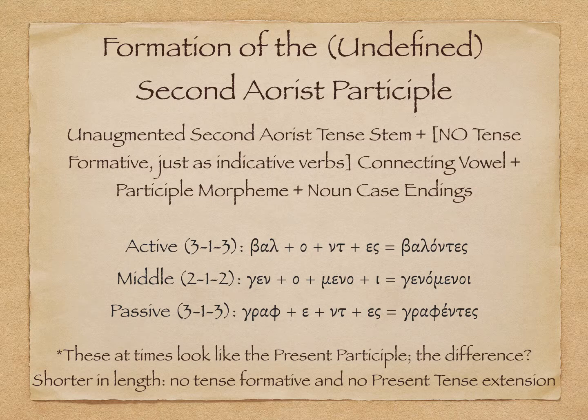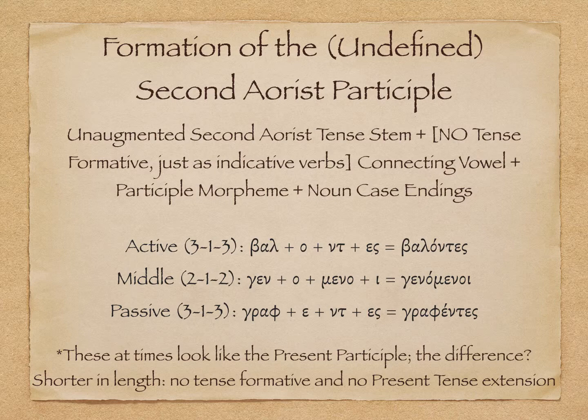So therefore they have a connecting vowel, still have the same participle morpheme pattern, nu tau, meno, nu tau, and the noun case endings. Mounce notes that at times the second aorist participle can look a bit like the present because there's no augment. The tense stems might be similar.